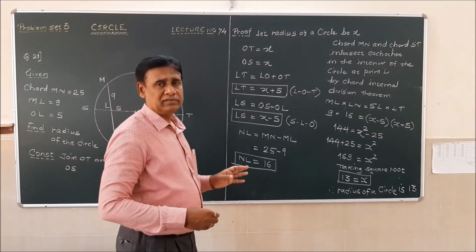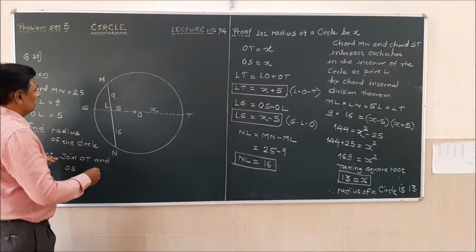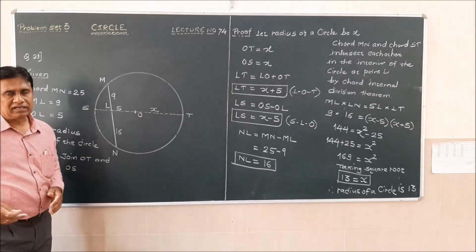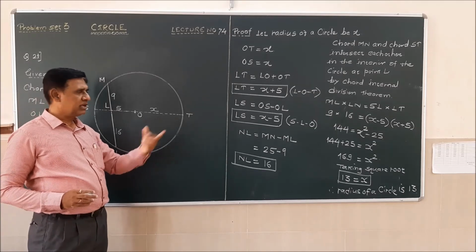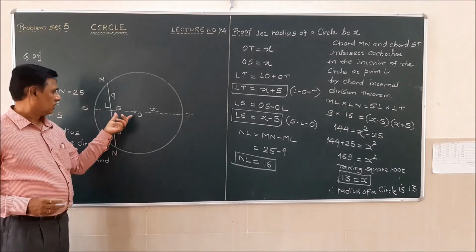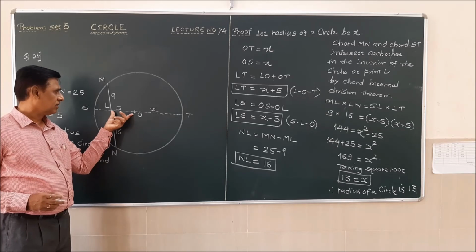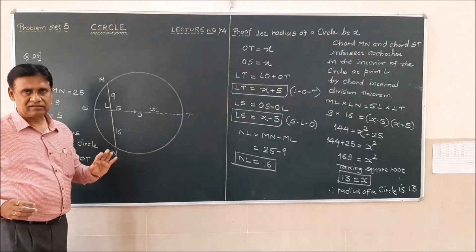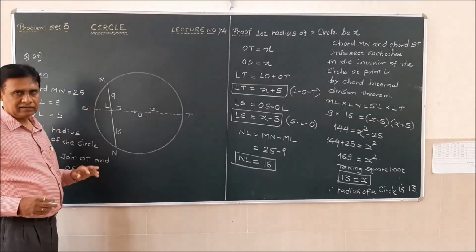Okay, so very simple that way. What we have to understand, we are going to use the chord internal division theorem. That's it. If I take OT as x, from the point of intersection this is 5, so I'll be getting LT as x plus 5. What is ML? It is 9.